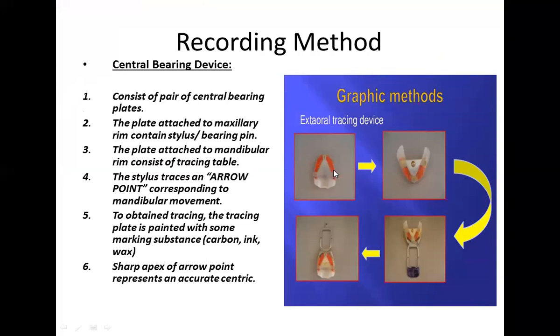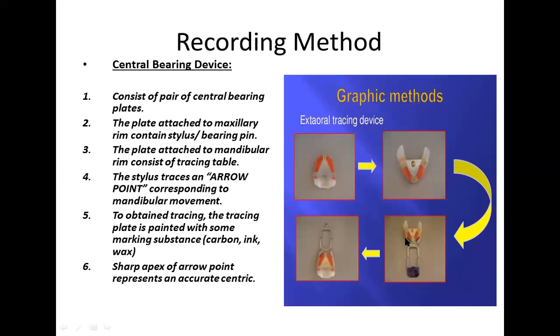This picture is not that big in size, that's why it is difficult to understand. So this plate has the stylus and this is a flat plate which used to have this tracing. The plates attached to your maxillary rim contain the stylus bearing pen. The plates attached to your mandibular rim consist of a tracing table. It's a flat plate, it does not have anything.